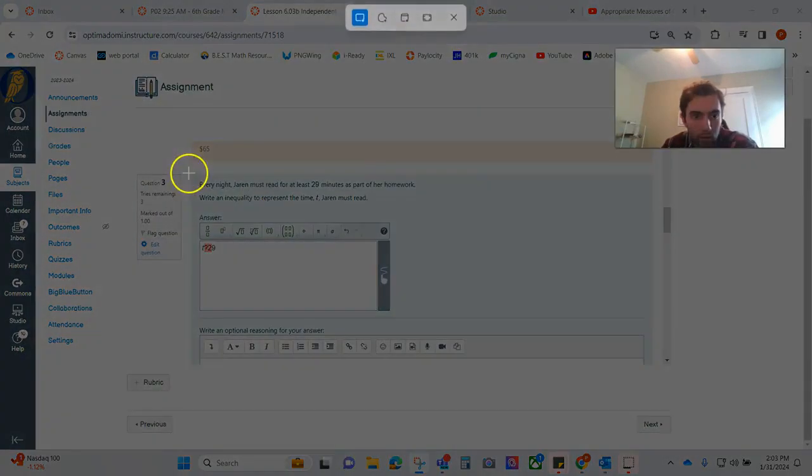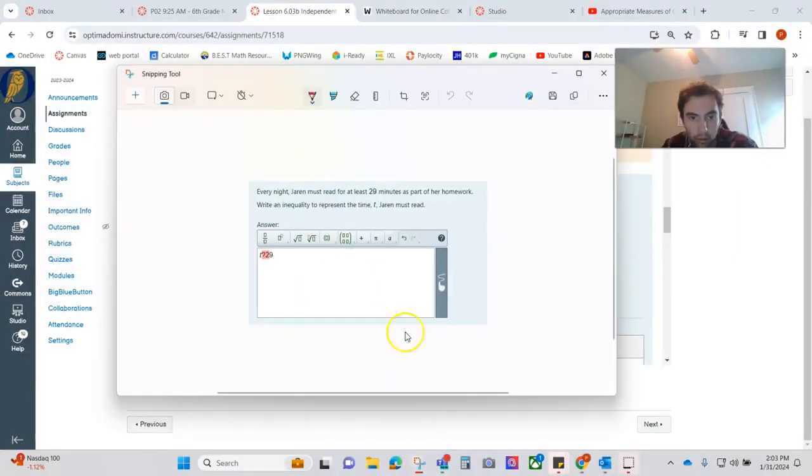Let's work through this a bit. So I've got the number 29. Jaren must read for at least 29. So if they read for 20 minutes, is that enough time? Did they meet the requirement?